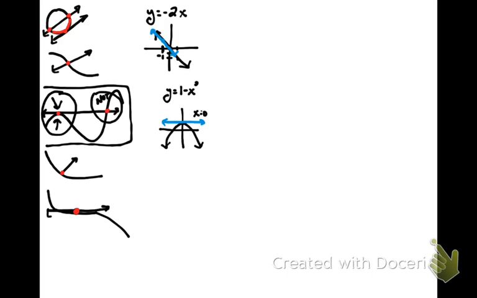Let's consider some other things like a cubic. So this might be something like y equals x cubed minus 3x squared plus 3x minus 1.